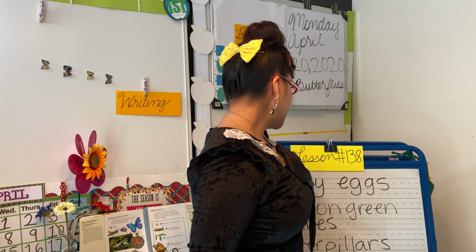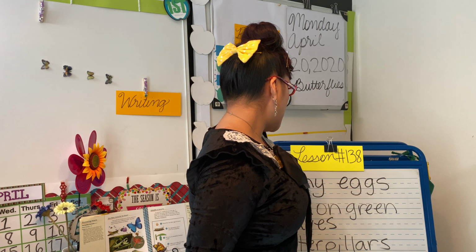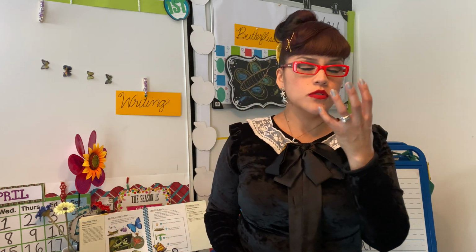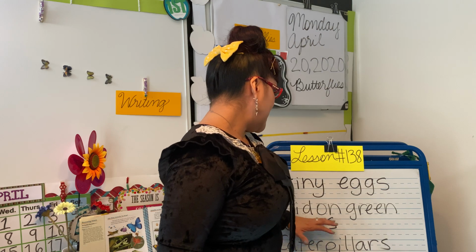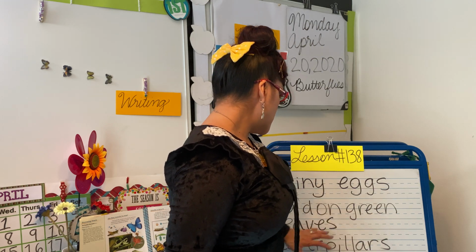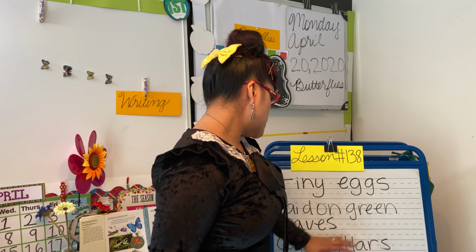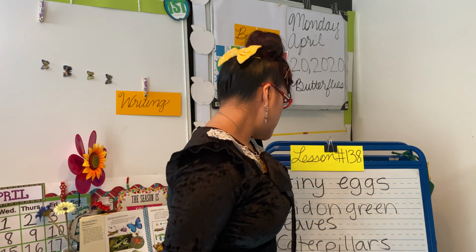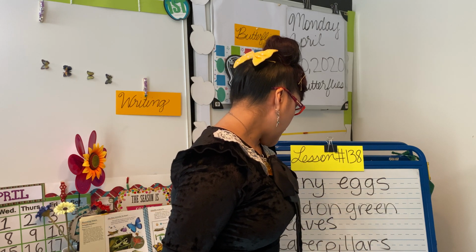So what you could say is, butterflies begin by being tiny eggs, right? And then the eggs are laid on green leaves, which would be the second step. Then the eggs turn into a caterpillar. The caterpillar then hatches, right?